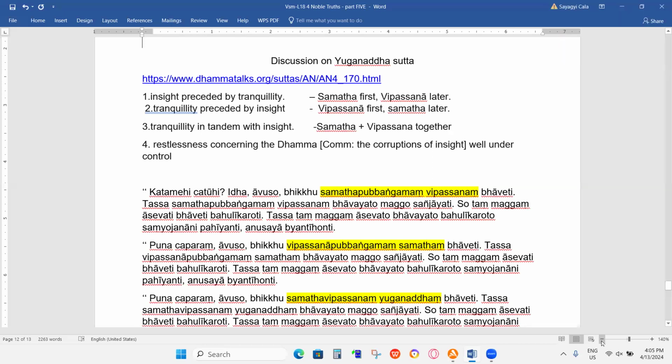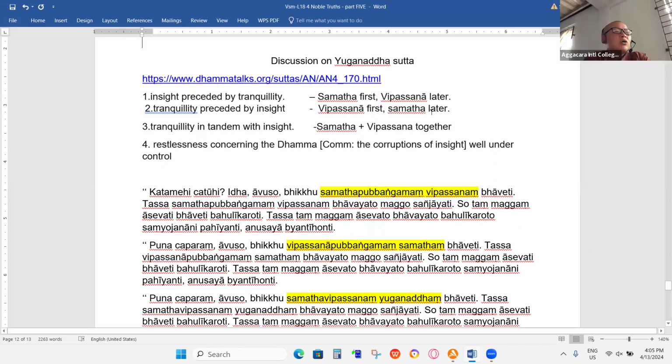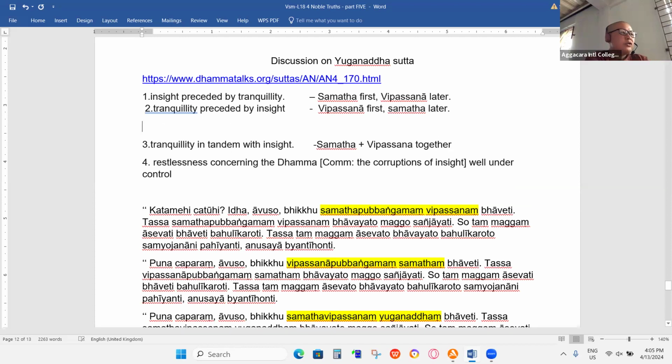Okay. So for number 1 and number 2, insight preceded by tranquility, samatha, do we still need to go to jhana state? The jhana, according to this side, refers to when you gain enlightenment. At the enlightenment time, your mind will automatically fix on the object of nibbana.